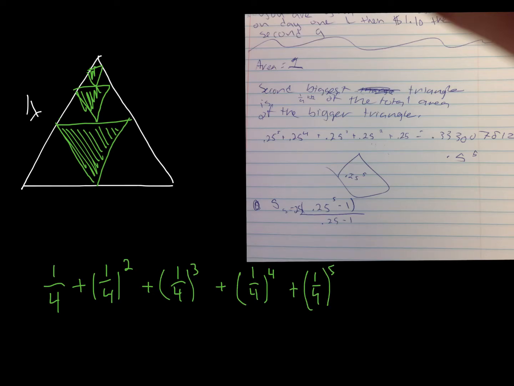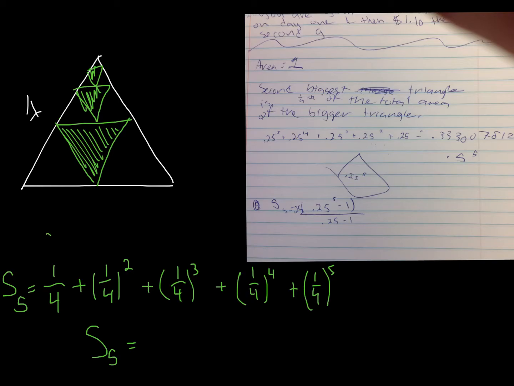And there are a couple ways to do this. You could just add them all up, and I think Daniel Paz did this and got 0.333, and you can also use the partial sum formula. This is a geometric series because each of these is being multiplied by 1/4, so the common ratio is 1/4, and I'm summing them. This would be the partial sum for 5 terms, so n is 5, and the partial sum formula allows me to compute this.